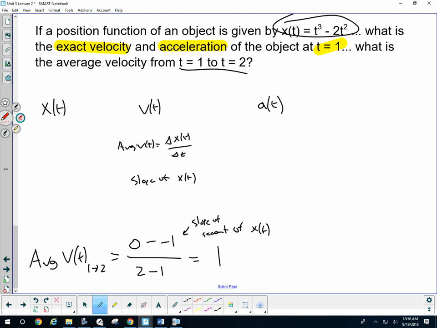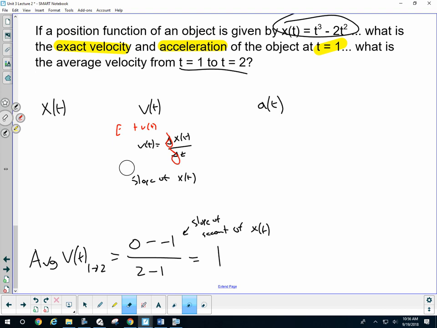Well, to change this from an average velocity to an exact velocity, instead of finding an overall change, I'll find the instantaneous change. So that's a kind of a Greek D symbol there, which means to find the exact velocity, I'm going to look at the slope of the tangents of x of t.